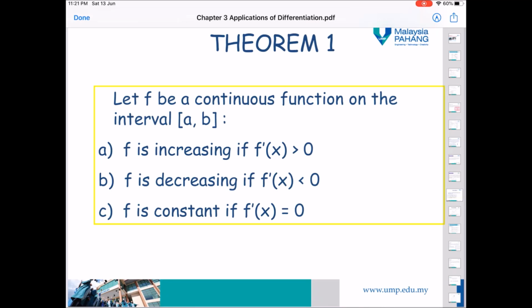As I said before, f prime greater than 0 means your slope is positive, so it's increasing. If your f prime is less than 0, so you have a negative value, then your slope is decreasing. And if your f prime is equal to 0, then you have a constant.